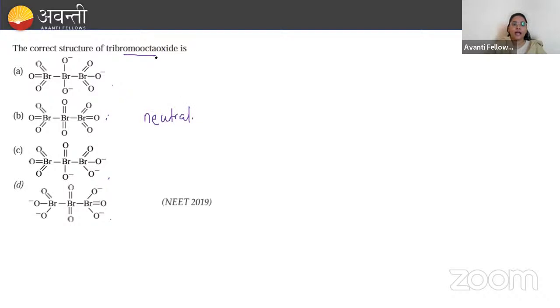So tribromo-octa oxide is actually a neutral molecule in which bromine is attached by double bonds to 8 oxygen atoms, and they have a Br-Br linkage also present. So the correct structure for tribromo-octa oxide is this one, not this, not this, not this. Okay, any doubt?